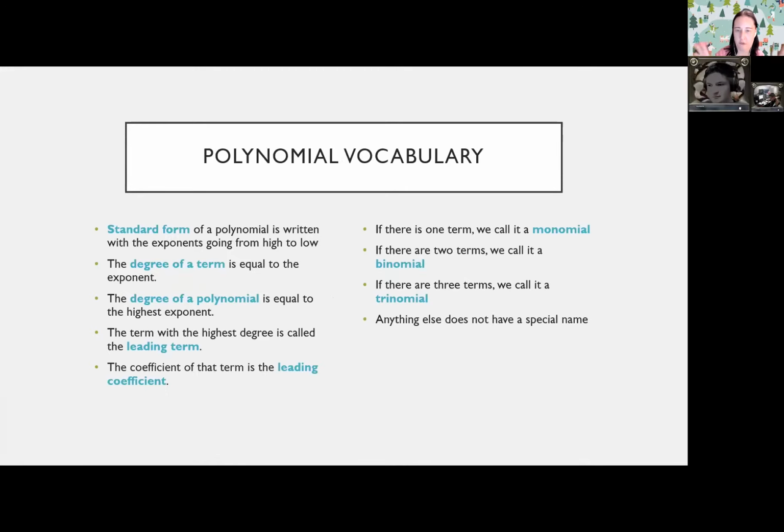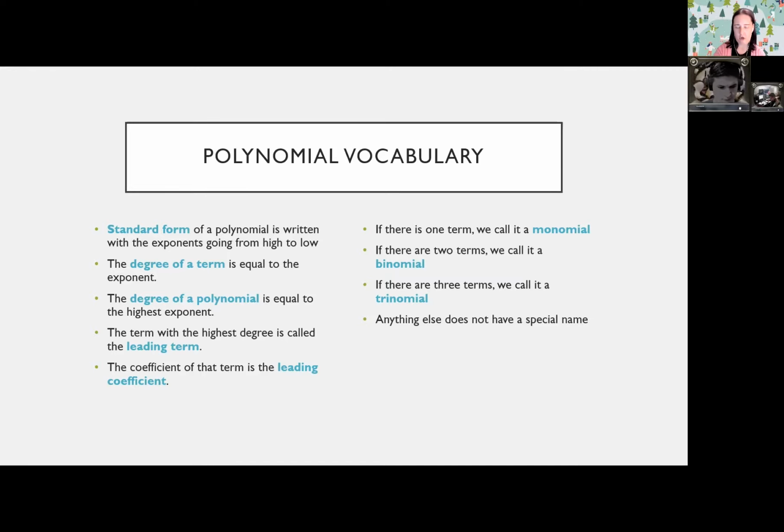So just to kind of put all the vocabulary together, and then some additional stuff. So standard form. We call it standard form when your exponents are written with the highest to the lowest decreasing. The degree of a term, I've talked about that. That's the exponent.